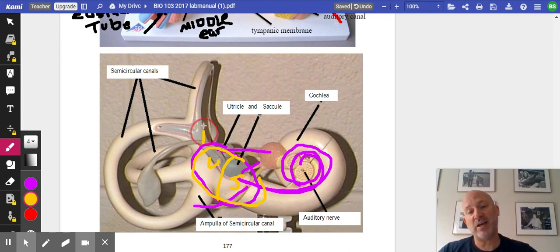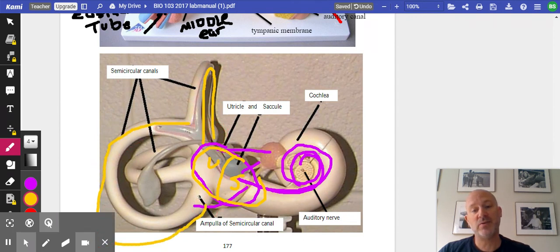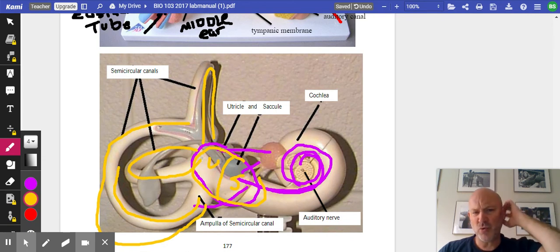And in addition to that, we have these semicircular canals, right? Semicircular canals here. The utricle and saccule are more for gravitational equilibrium. So what does that mean? That kind of gives us information of like where our body's position is in space. It tells us if we're accelerating in a car.